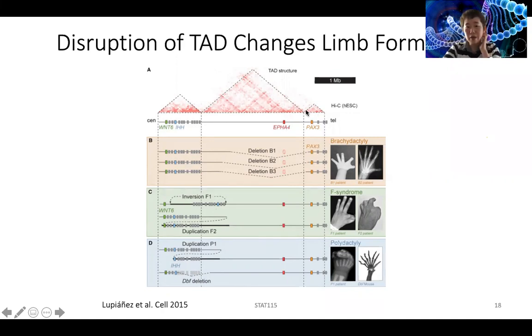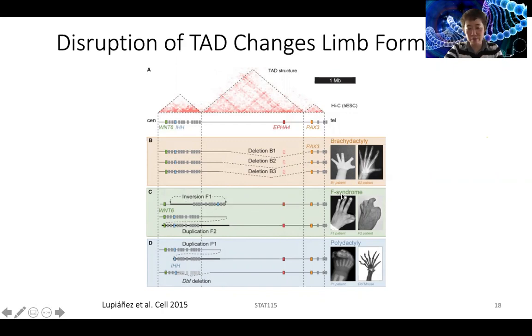Even though there are fewer interactions, if there is a deletion in the middle chunk, this can influence whether this person has 2 thumbs or not, as you can see here. That gene is regulating the thumb side, whereas on the left side, this Wnt gene can control how many fingers you're going to have.